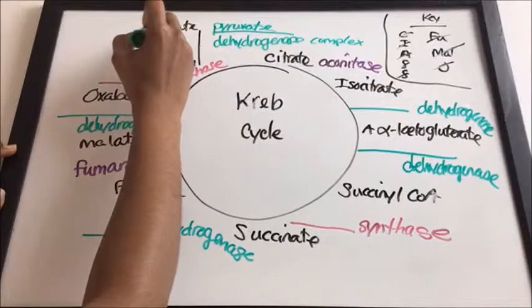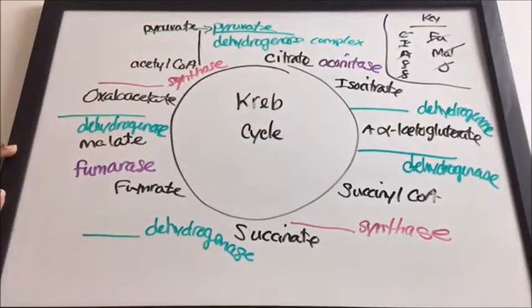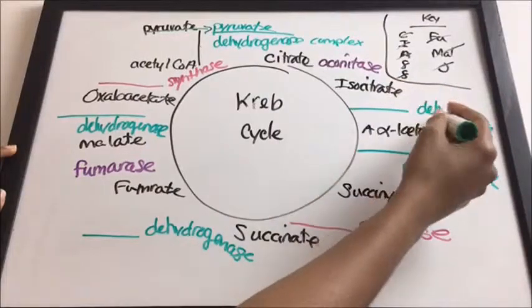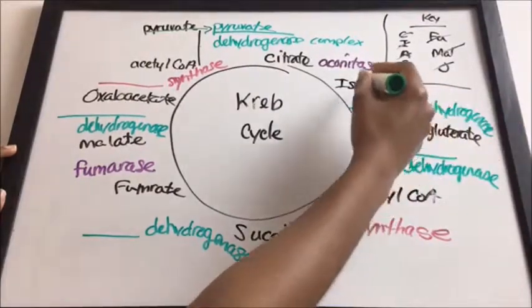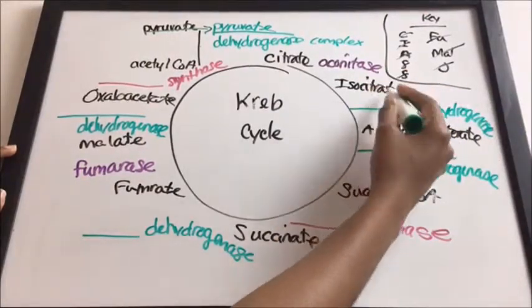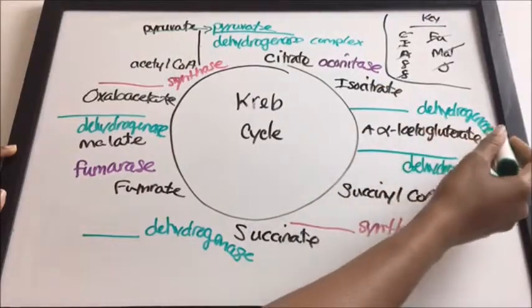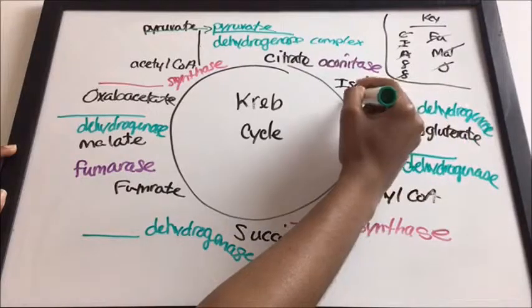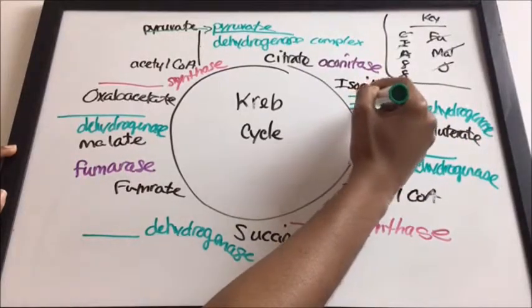So all you have to do is just bring over the name. Same thing with our next enzyme, dehydrogenase enzyme. Bring down the name. Isocitrate dehydrogenase is between isocitrate and alpha-ketoglutarate. Bring down the name.